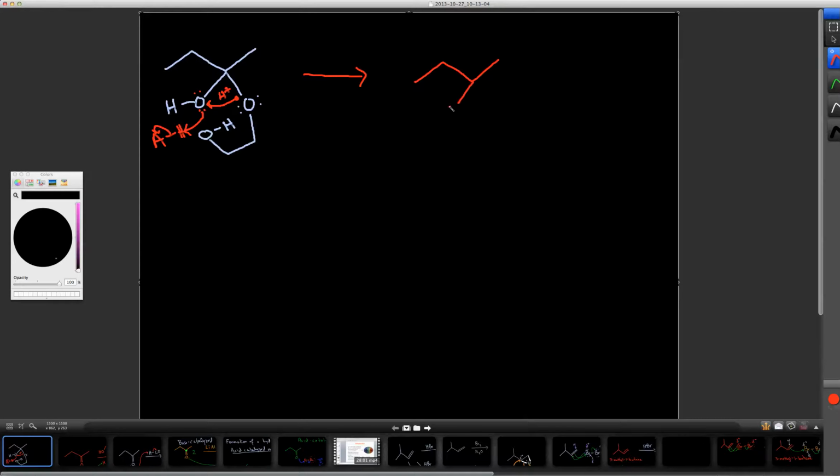that has an excellent leaving group. Because if this bond were to break, this positively charged oxygen would now be neutral. And the most likely way that this is going to occur is to increase entropy.